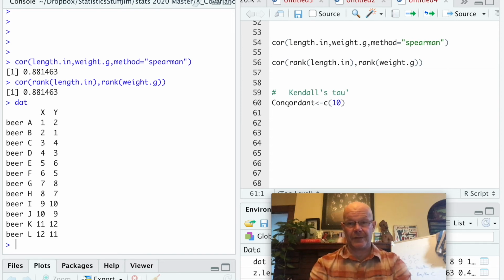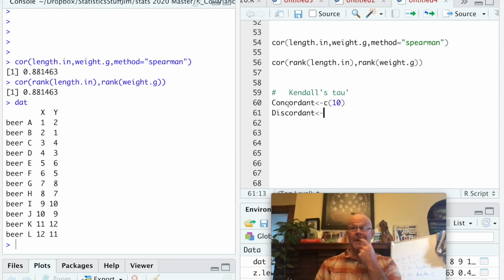Then let's create a vector called discordant. With discordant, we ask how many smaller ranks are below a particular rank. So we go over to here, and there's our discordance.